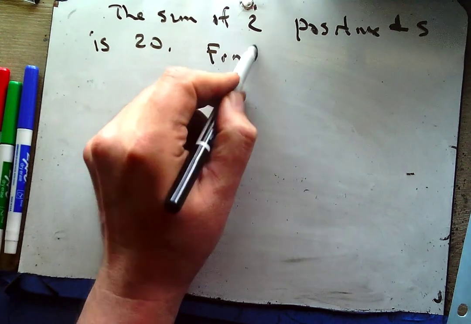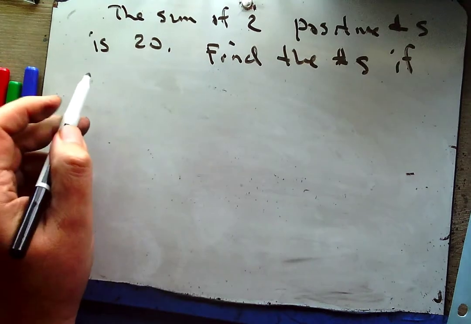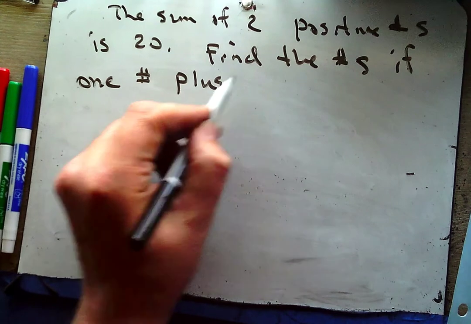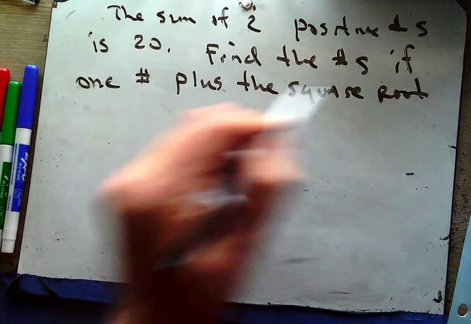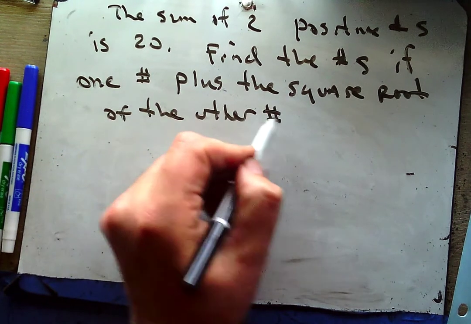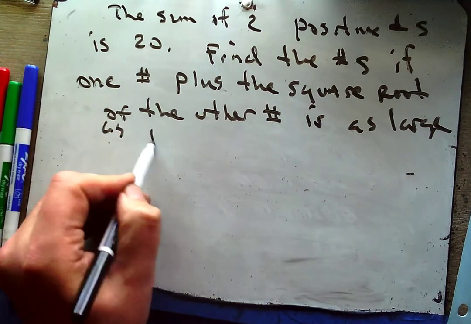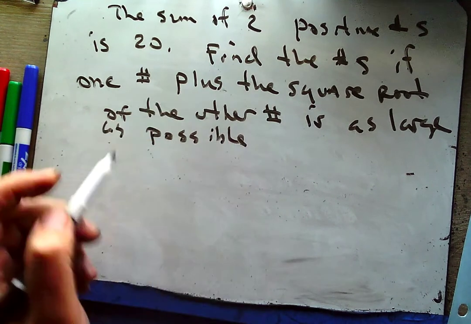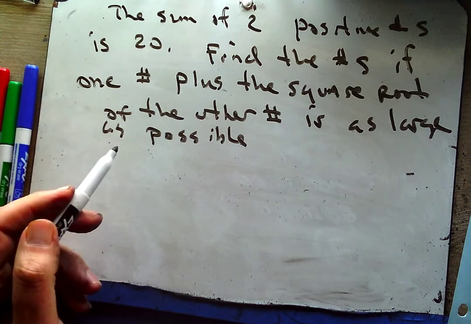Find the numbers if one number plus the square root of the other number is as large as possible. And then we'll do as small as possible. Well, that's a lot of words. Let's see if we can come up with some math.